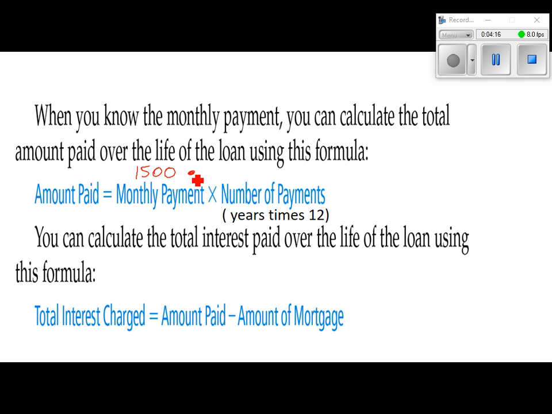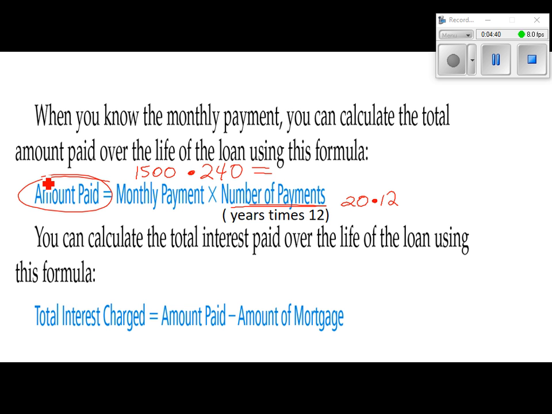So if you take out a loan for 20 years, then to find the total number of payments, you take 20 times 12, so that'd be 240. You multiply those two together, that gives you the total that you're going to pay for that home over the entire life of the loan.